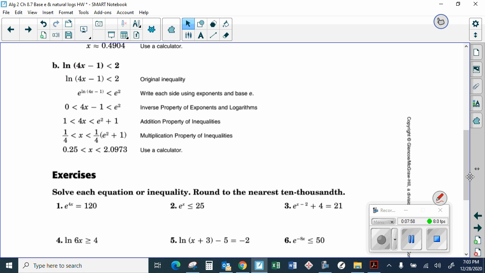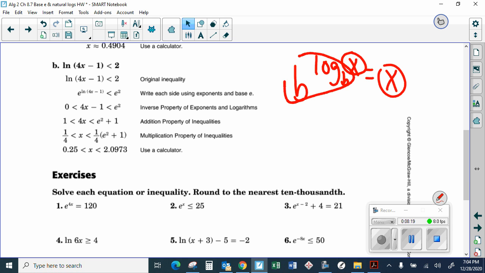Now, they've used something different here. If you remember, we had b to the log base b of x equaling x, right? Meaning whatever's here, that is the answer. This right here equals 1. That's another thing that equals 1. And so whatever's here is here. So that's what they've done here.